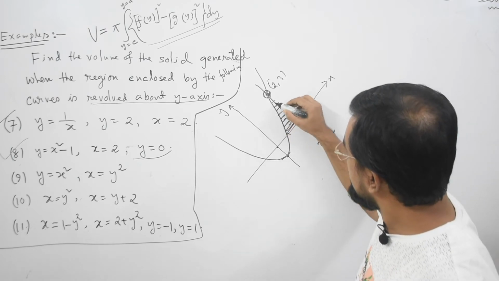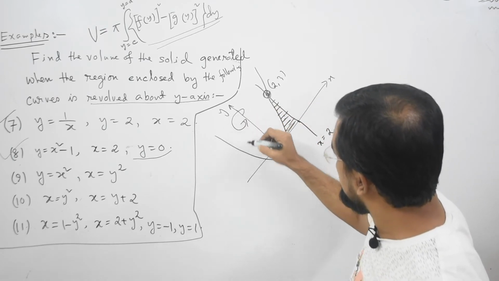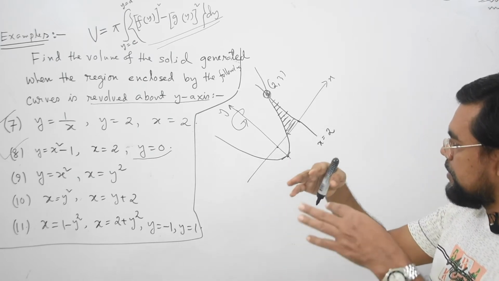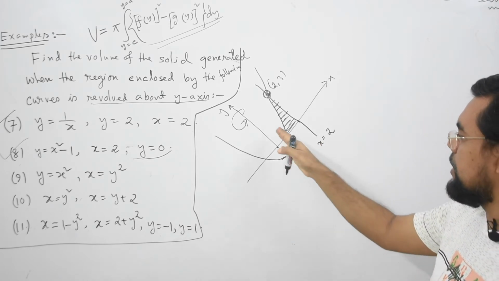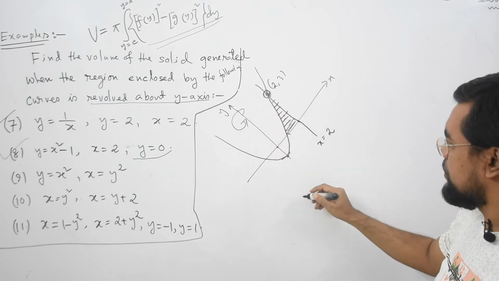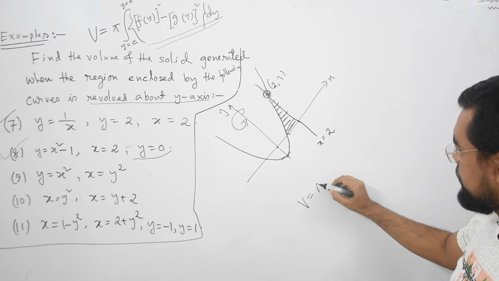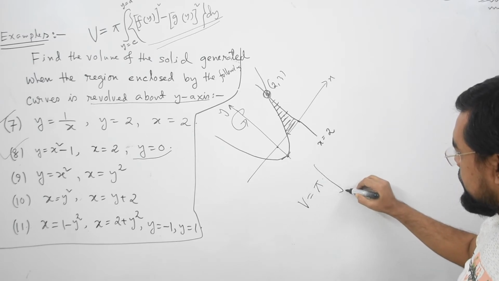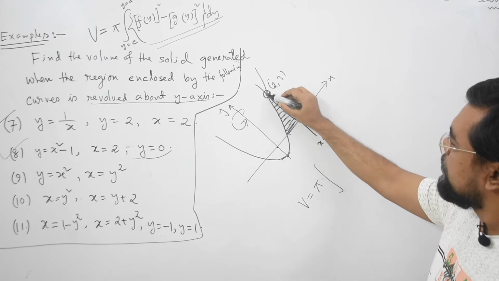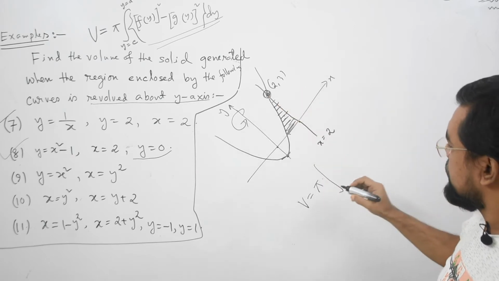So this is the region, and if you revolve this region about the y-axis, then you will get a solid having an empty interior, because this region is a bit away from the y-axis. So our volume formula by the method of washers will be y equal to 0 to y equal to 3.